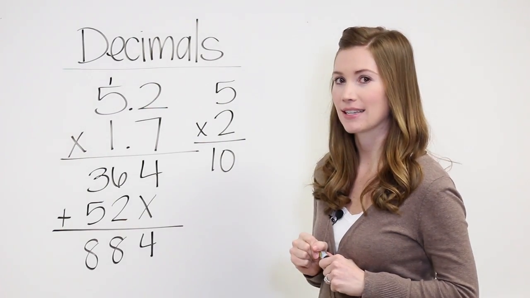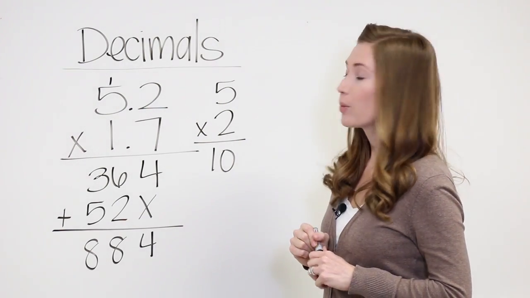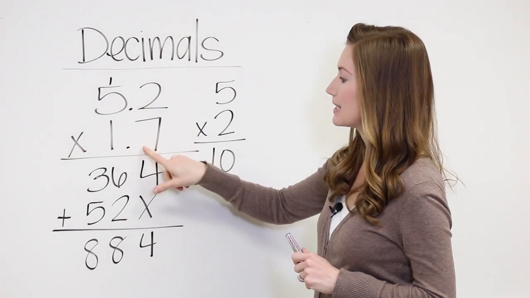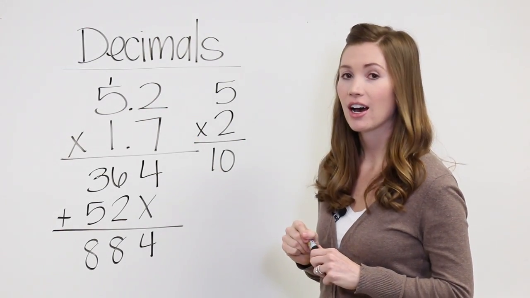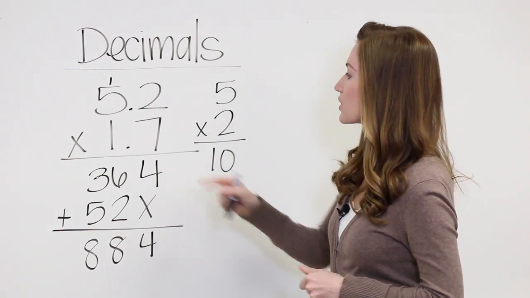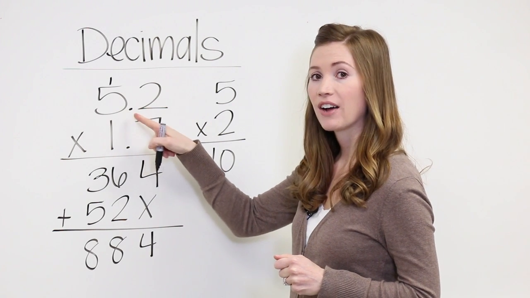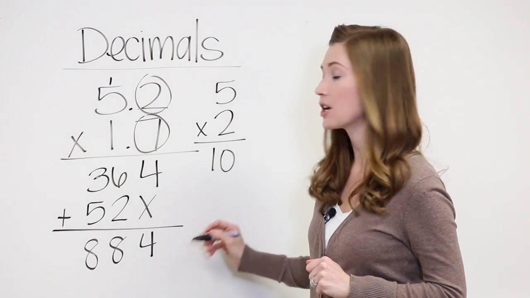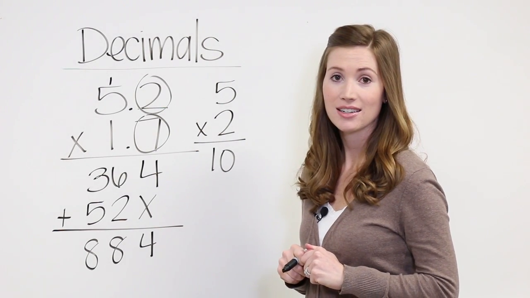So let's account for our decimal points. Now when we account for our decimal points with multiplication, we count how many digits are behind each of our decimal points. So to the right of our decimal point in 5 2/10, we have one number. And to the right of our decimal point in 1 7/10, we have one number. That means that we're going to move our decimal point in our final answer 2 places to the left.